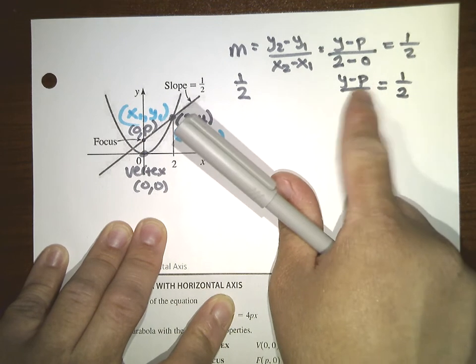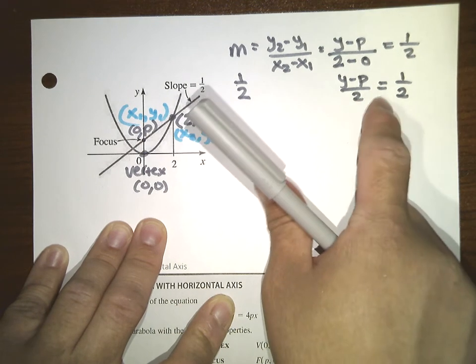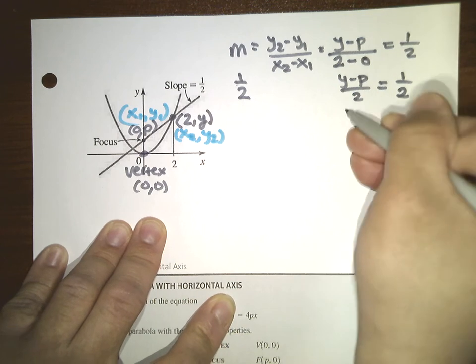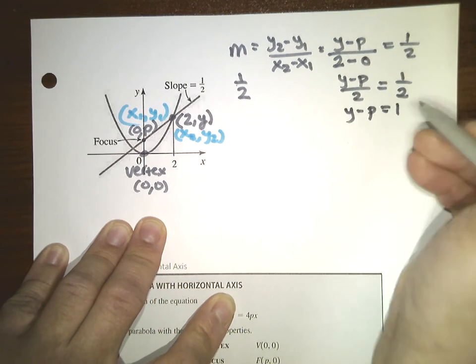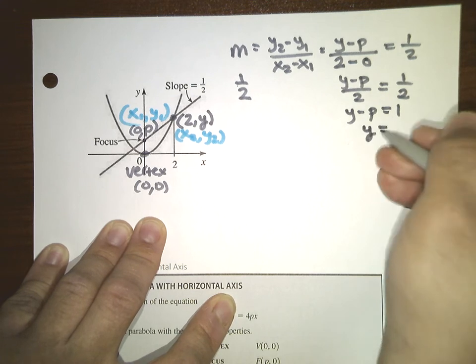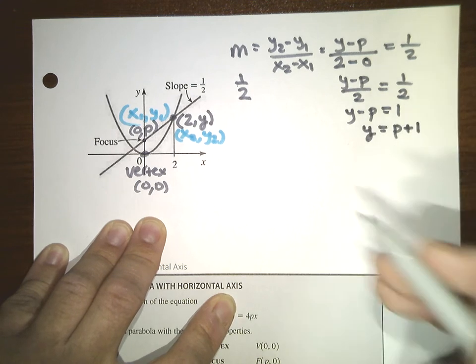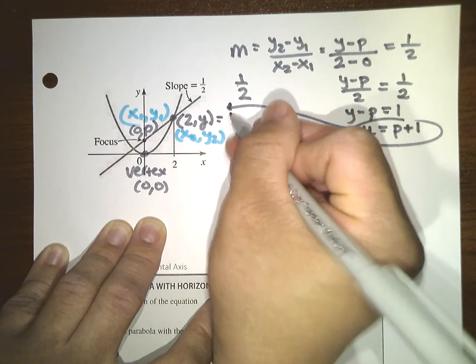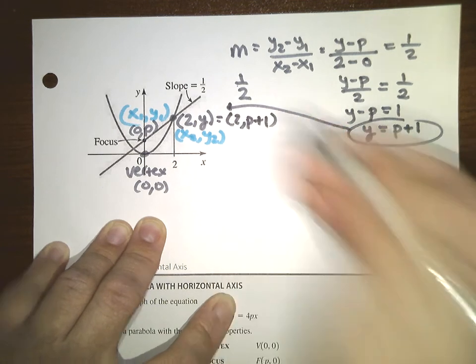And then I see that the denominators are both 2, so I just need to set the numerators equal. So y minus p is equal to 1. And then I add p, so y is equal to p plus 1. So this point here is (2, p plus 1).